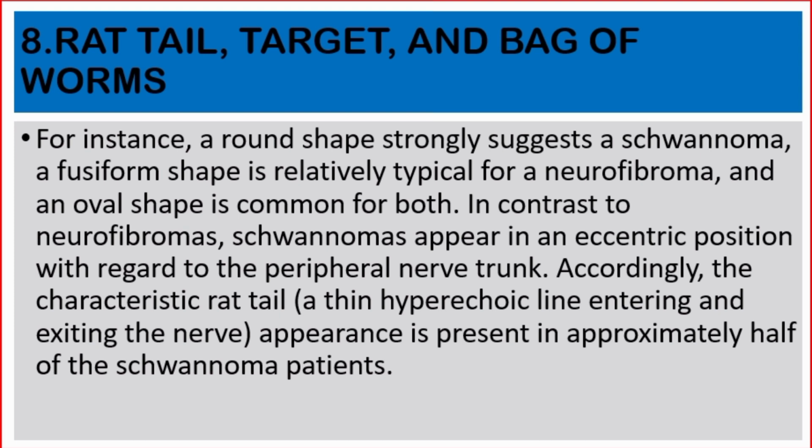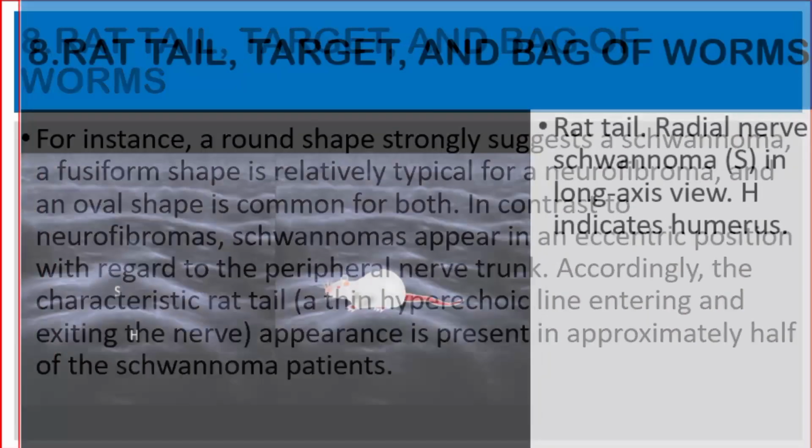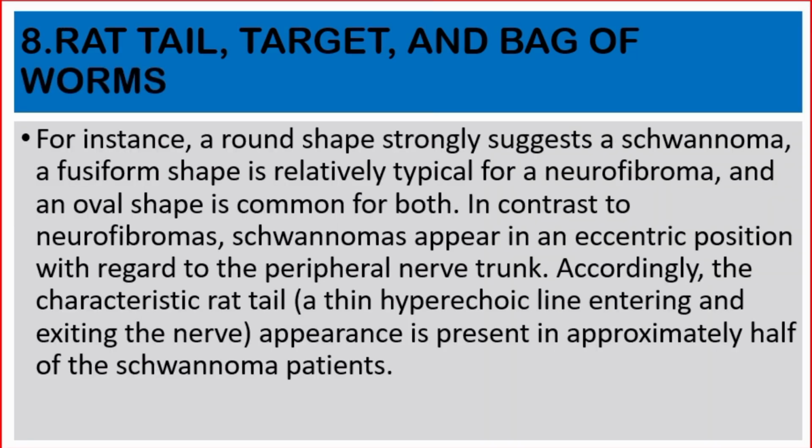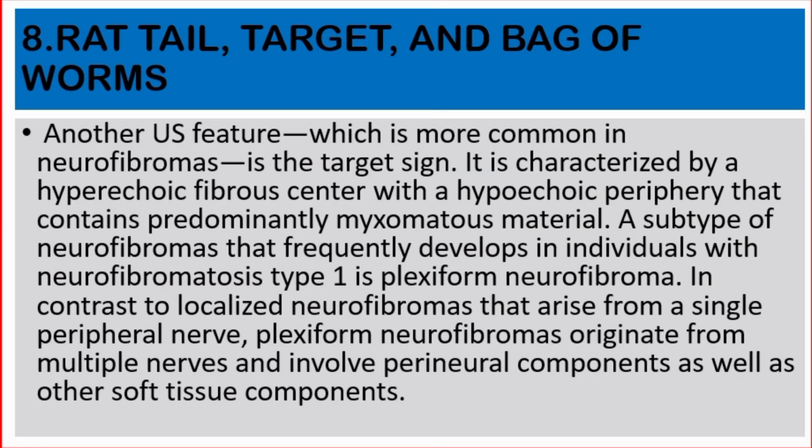In contrast to neurofibromas, schwannomas appear in an eccentric position with regard to the peripheral nerve trunk. Accordingly, the characteristic rat tail, a thin hyperechoic line entering and exiting the nerve, is present in approximately half of the schwannoma patients. Another ultrasound feature, which is more common in neurofibromas, is the target sign.